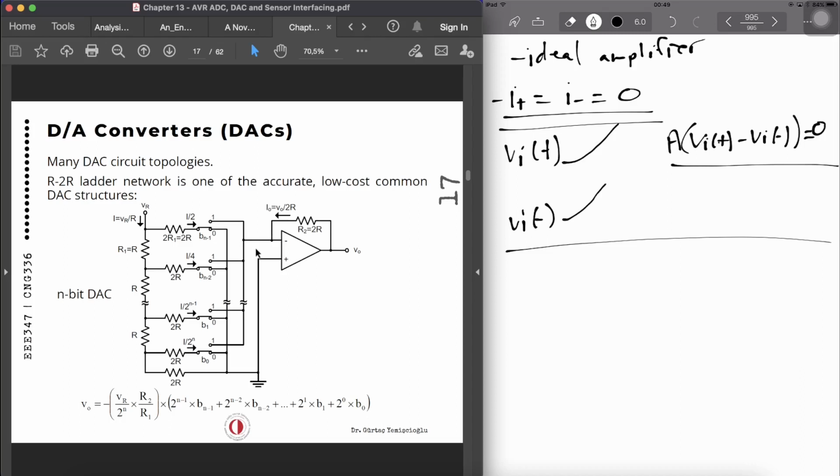That current is always going to be V0, V out, divided by R2, which is equivalent to 2R, or output voltage divided by 2R. We can say both, actually, which is also already stated over here, because R2 is equal to R. So that gives us a relationship between this current and the output voltage.